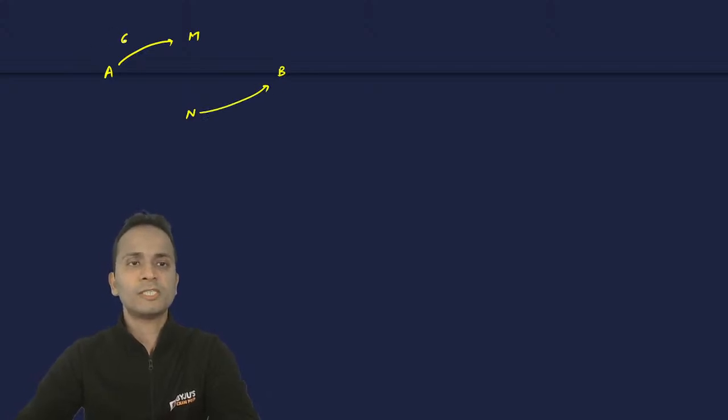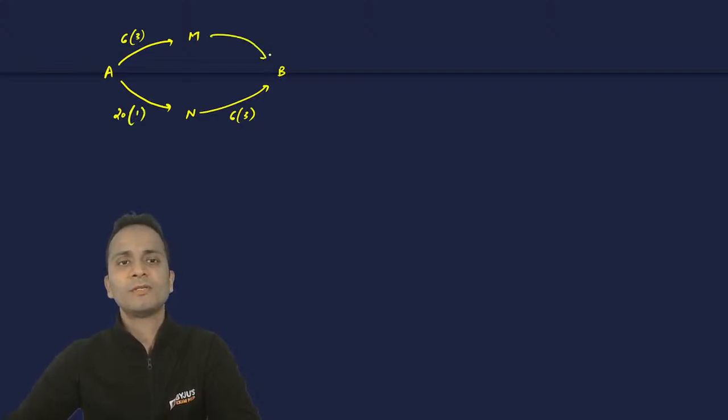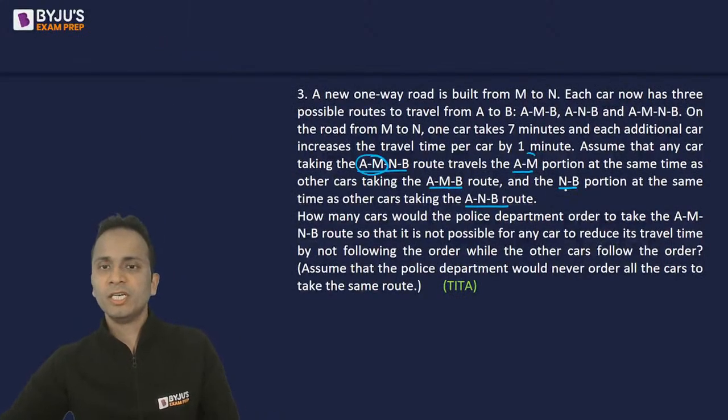So this was 6 and additional 3 minutes, 6 and additional 3 minutes, 20 and additional 1 minute, 20 and additional 0.9 minutes. Now this new route is from M to N, 7 minutes and additional 1 minute. Let me check. So 7 minutes and additional 1 minute.